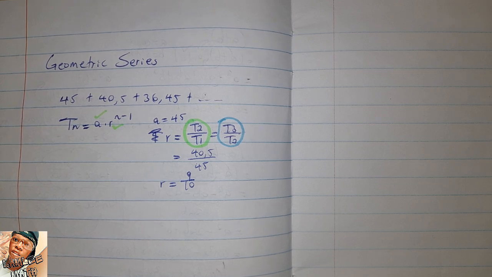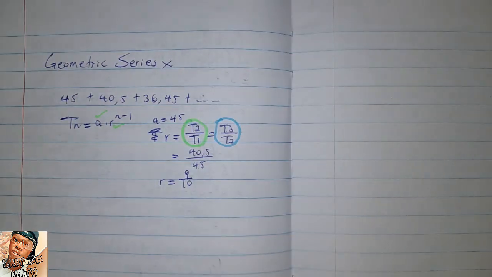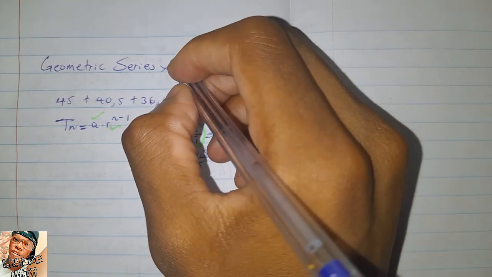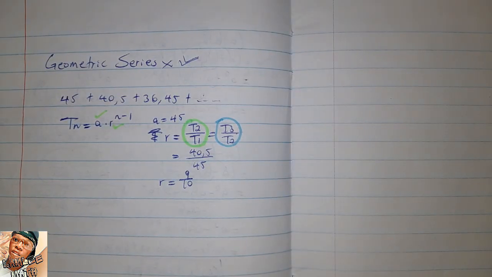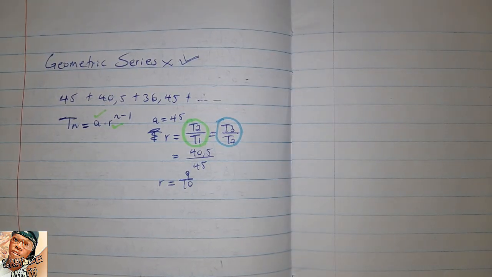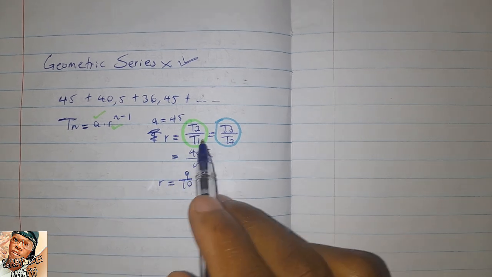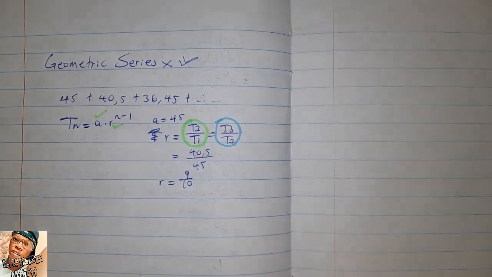If they're not equal, that means this is not a geometric series. But if they are equal, that confirms that this is a geometric series. I know that this is not a question that I've been asked, but in the future, if they require you to prove that this is a geometric series, this is how you're going to do it.